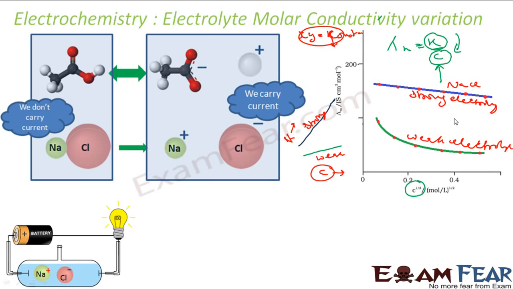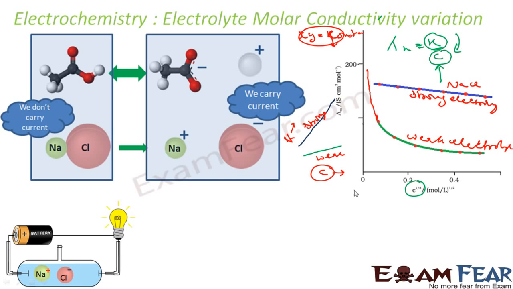Correct? One thing to note here is, if this concentration is becoming almost zero, then this graph goes in this direction, something like this, because that's the graph for xy is equal to constant.